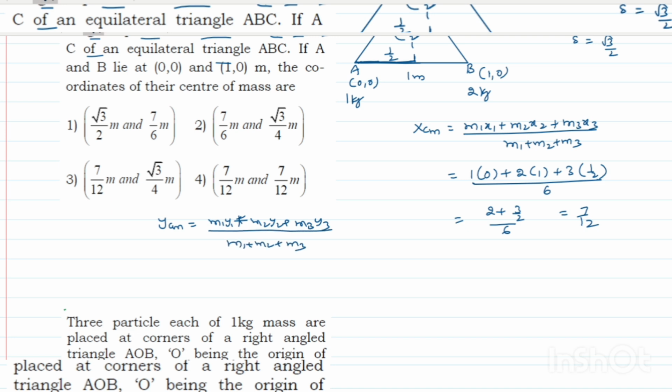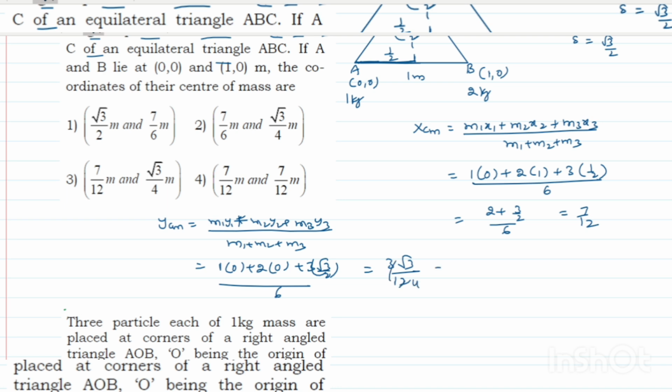So m1 is 1 times y1 which is 0, plus m2 is 2 kg at 0, plus 3 times root 3 by 2, which is the y coordinate, divided by 6, which is nothing but 3 times root 3 by 2 over 6, that is root 3 by 4.